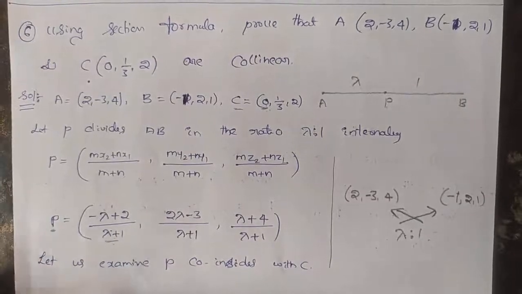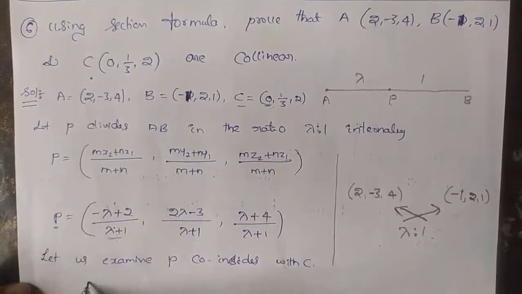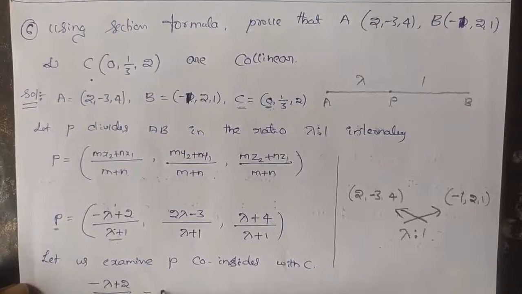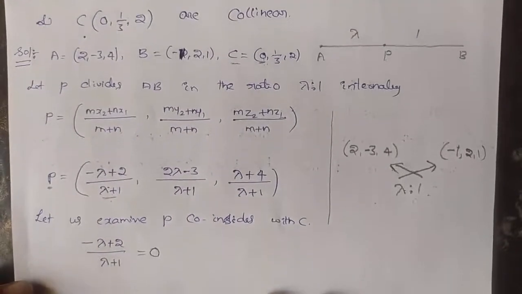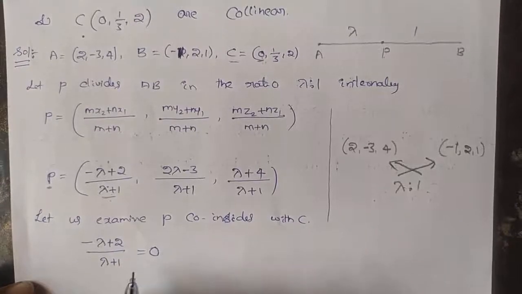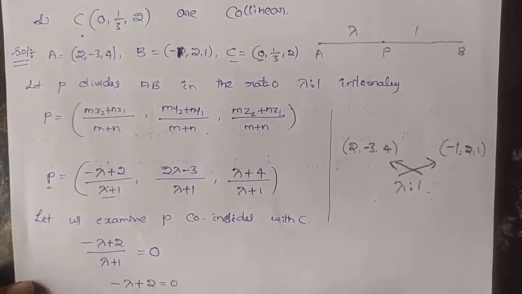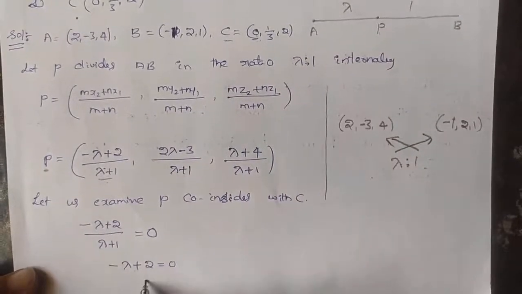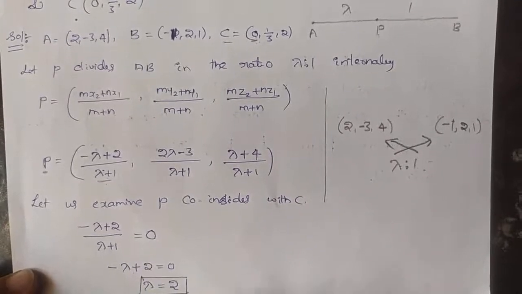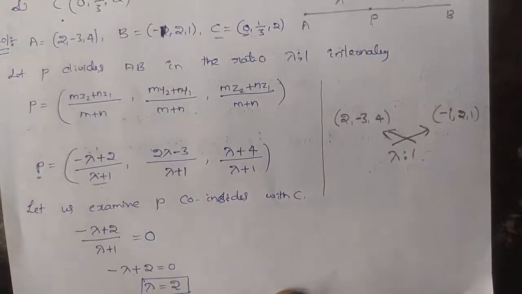Let us equate: (minus lambda plus 2) divided by (lambda plus 1) equals 0. Find out the value of lambda. If we send this lambda plus 1 to the right, it multiplies. Finally we get minus lambda plus 2 equals 0. So therefore lambda equals 2.